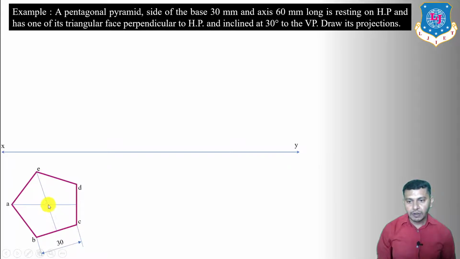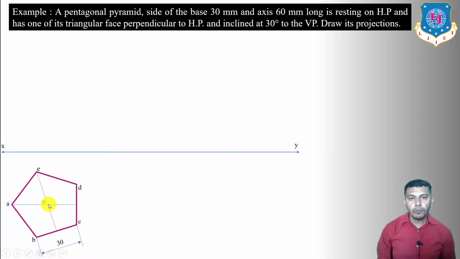The intersection of these two lines will give us the center of the pentagonal plane, and the center will define the top view of the apex point. So here will be the top view of the apex point and it will be point O.